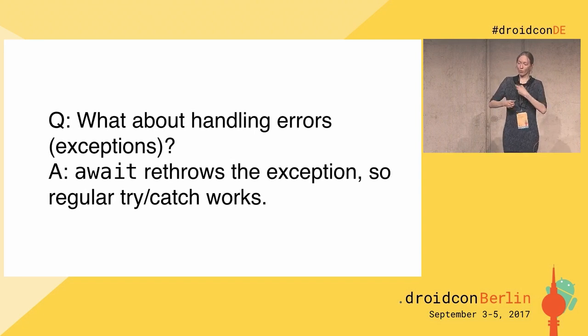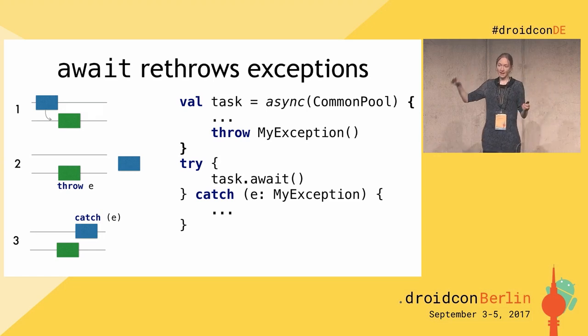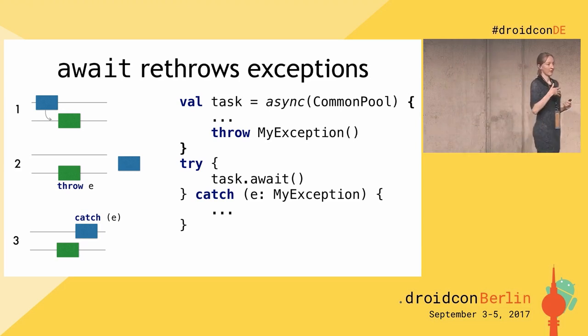The question: what about handling exceptions? How do we process errors? The answer is that await just rethrows the exception. So regular try catch works. And note that you can throw an exception in one coroutine and then catch it in the other one, and just handle it there in the other thread.